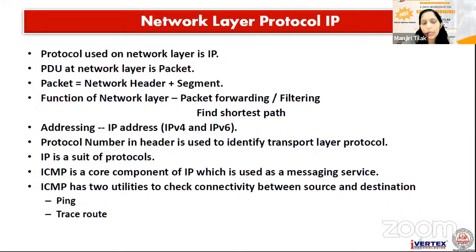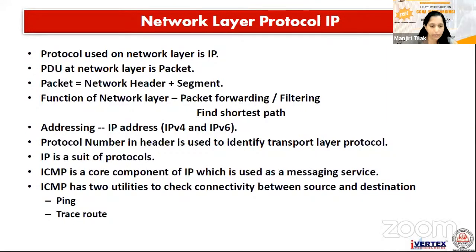So ping does that. Ping uses the ICMP protocol, and these two are very important utilities for network engineers to troubleshoot connectivity issues. Both use ICMP, and ICMP is a core component of IP because it is a messaging protocol, so it will give you error messages as well.